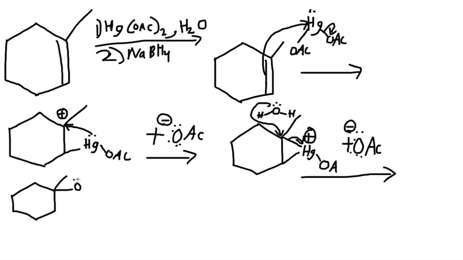Now the oxygen comes in, has 1 lone pair, connected to 2 hydrogens, and still we have that mercury on here. So the acetate plus the other acetate that is in the problem with 3 lone pairs with a negative charge.